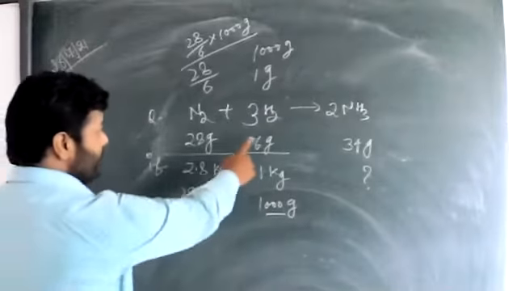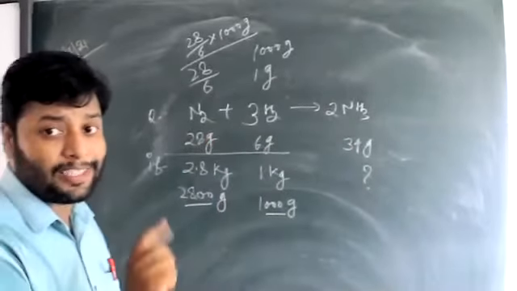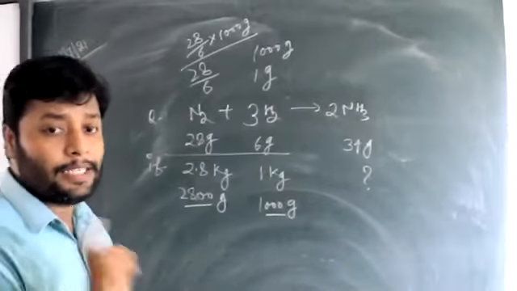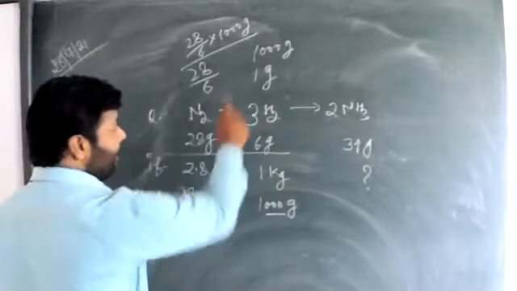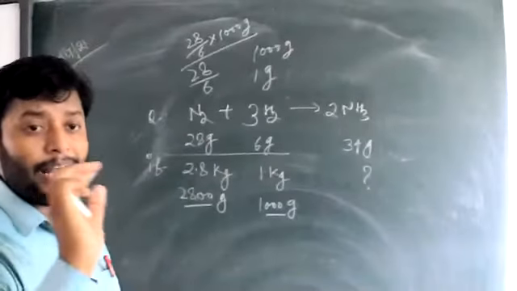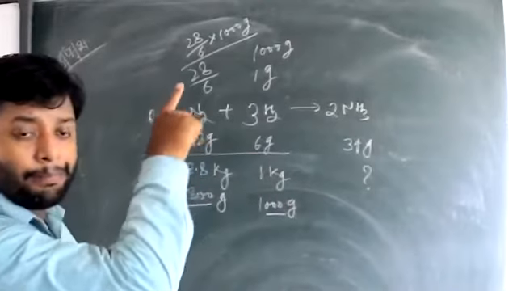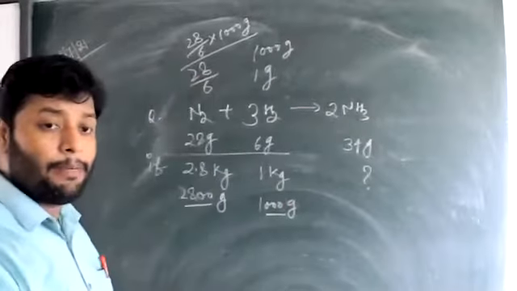If 6 gram requires 28 gram to produce ammonia, then 1 gram requires 28 upon 6. This is the unitary method. So 1,000 gram requires 28 by 6 into 1,000. Multiply the value.